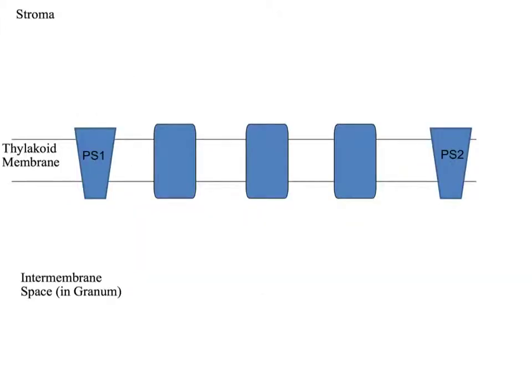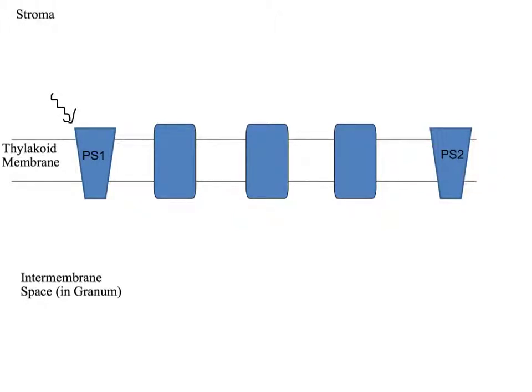Now we should consider where these reactions are taking place as well. The electron carriers and the photosystems PS1, PS2 are both found in the thylakoid membrane. If we were to follow this reaction through, light strikes PS2.